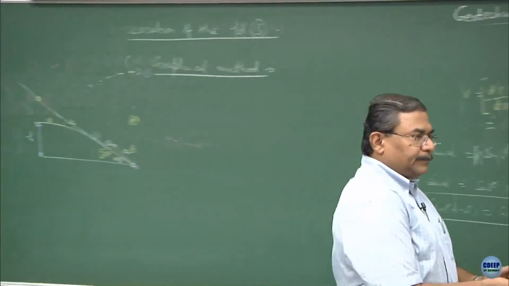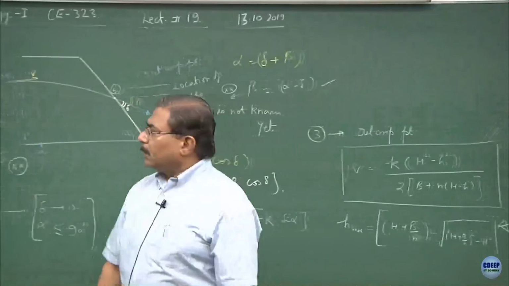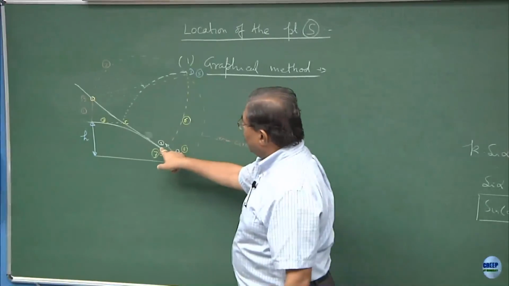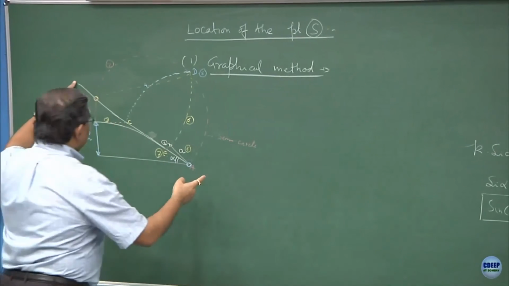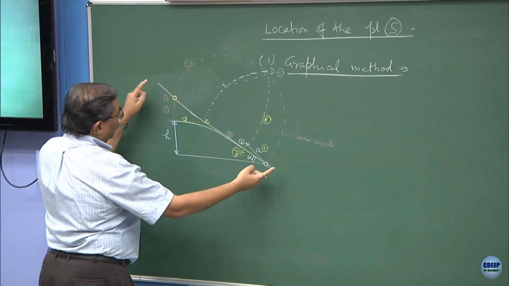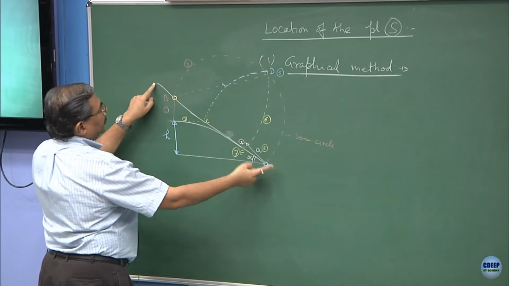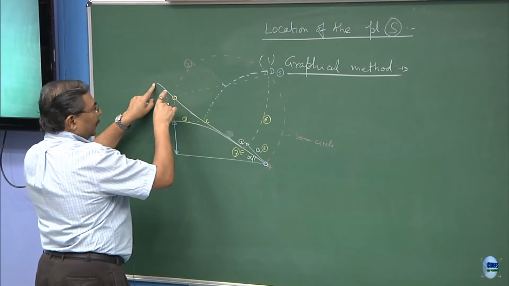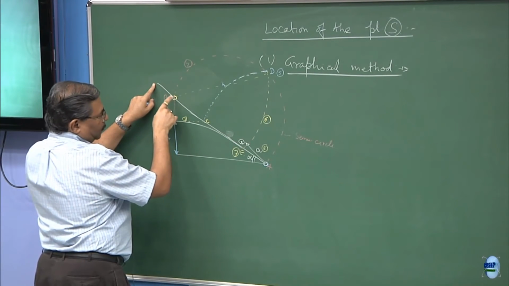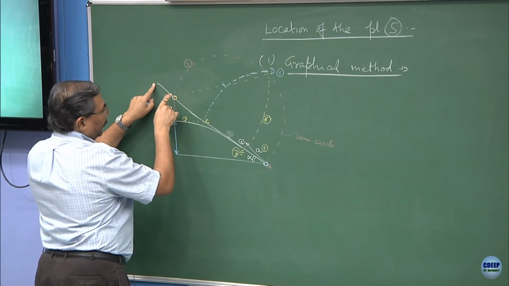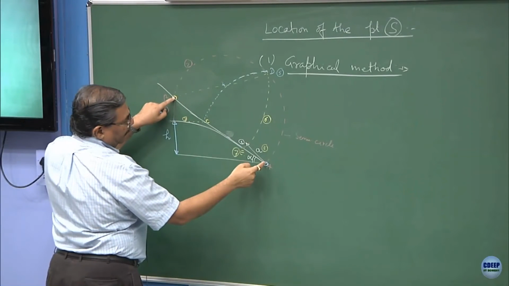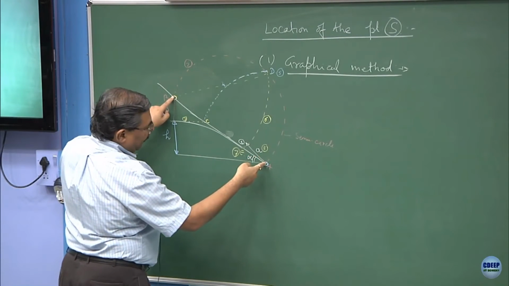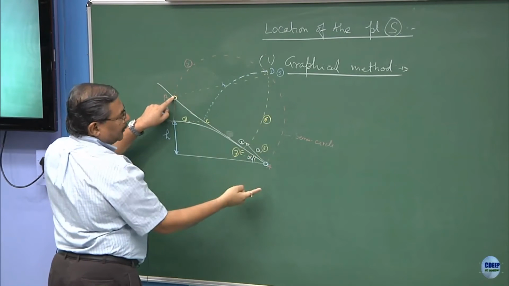I will repeat it. Basically, we wanted to find out the location of the outcrop point. So, take the downstream side of the dam, extend the height of the water column, let it cut the dam surface downstream, get the point B. Take A as the center, this whole thing as the diameter, and complete the semicircle.